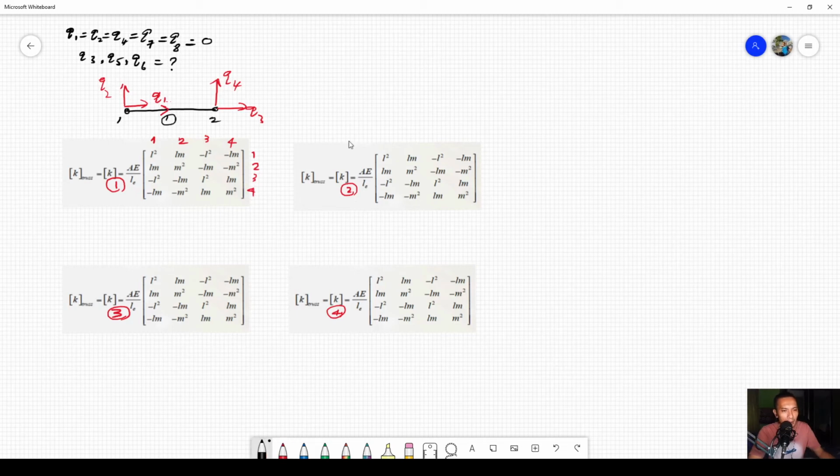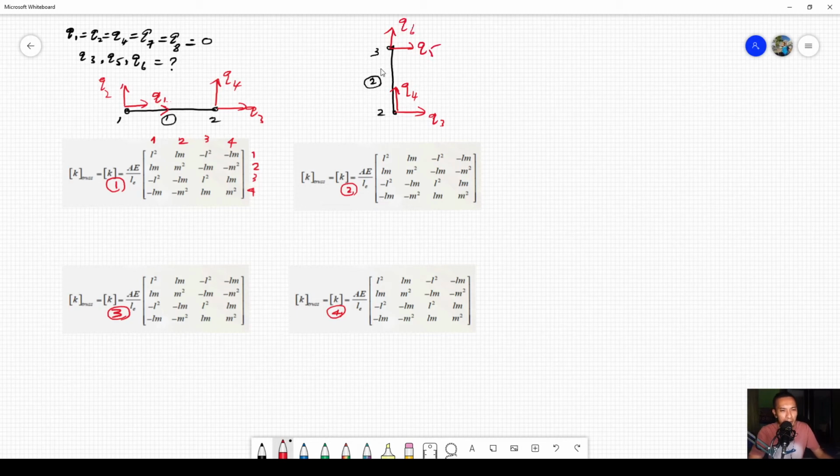For element number 2, which is connected from node number 3 to node number 2, this is our element number 2. Similarly, we can draw the degrees of freedom: q3, q4, q5, q6.